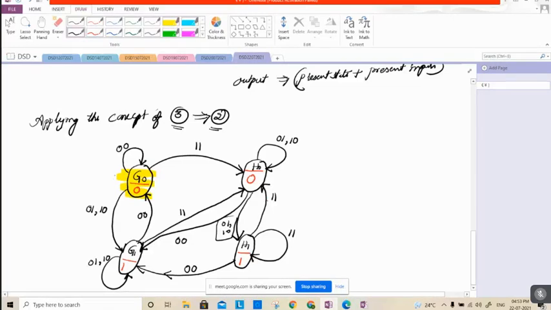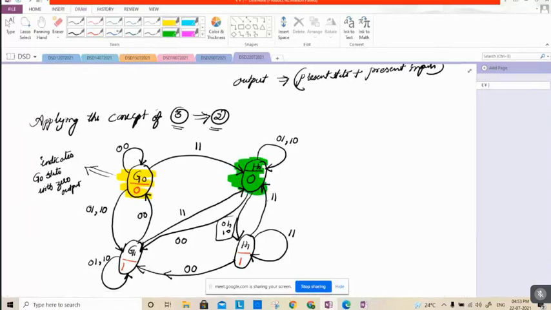This indicates the G0 state with 0 output. And this indicates the H0 state with 0 output.